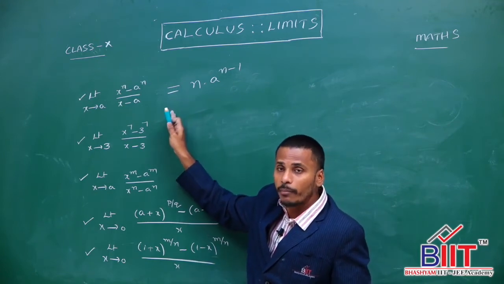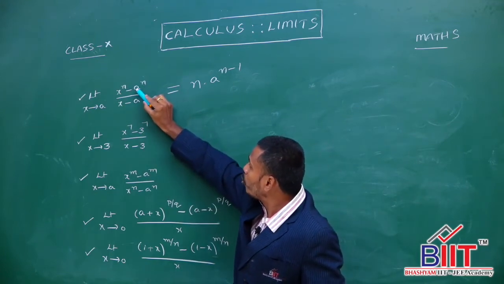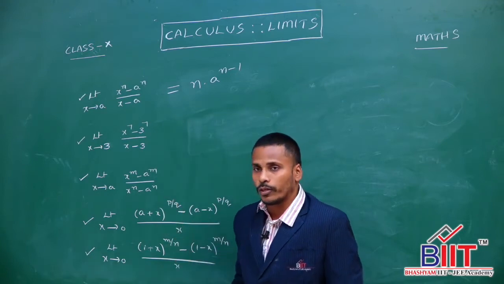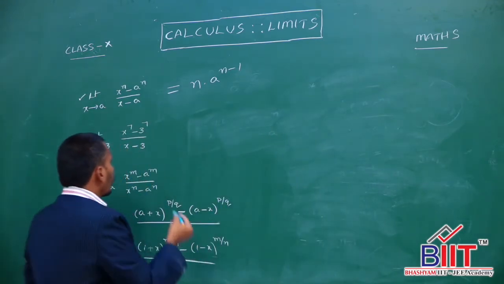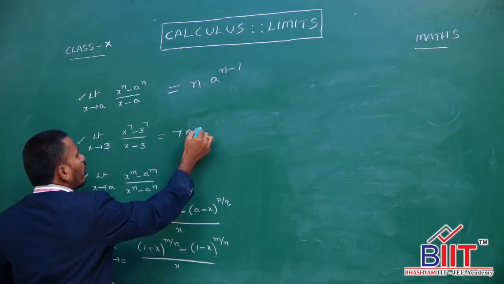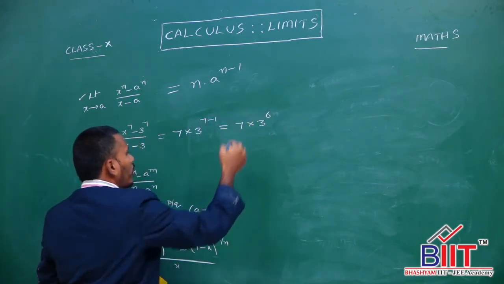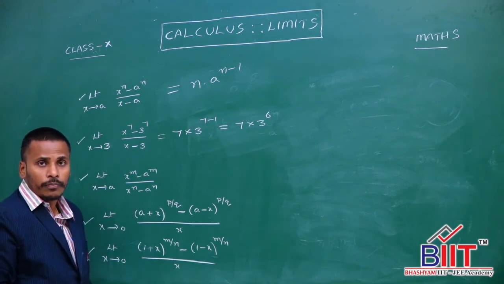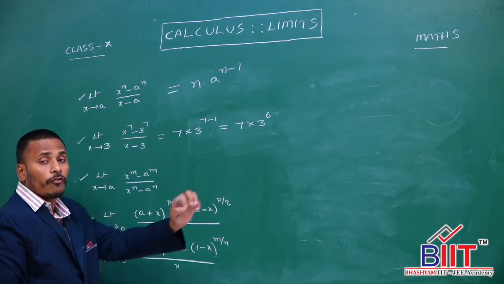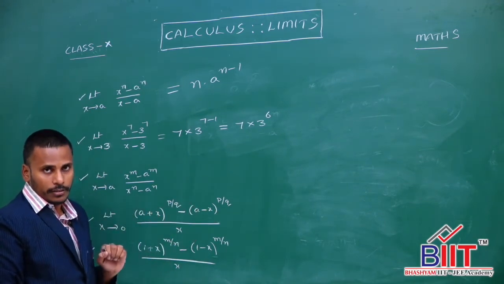What is this standard limit? n into a to the power n minus 1. With that trick, what is its value? This is equal to 7 into 3 power 7 minus 1, that is equal to 7 into 3 power 6. There ends the problem. That's the benefit of learning standard limits.